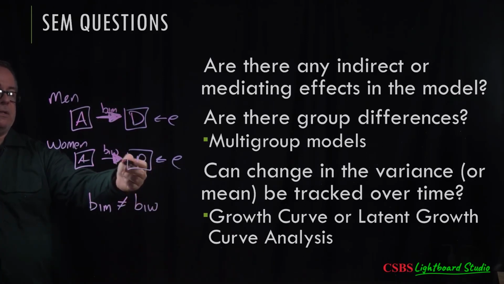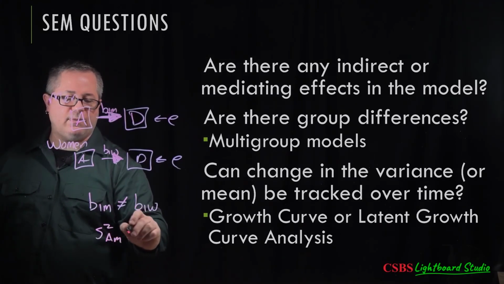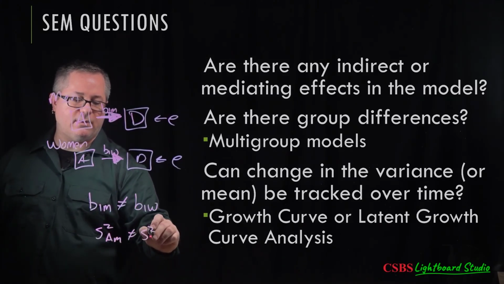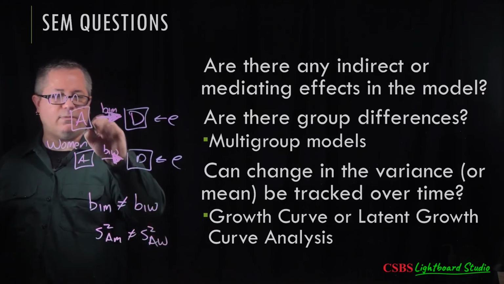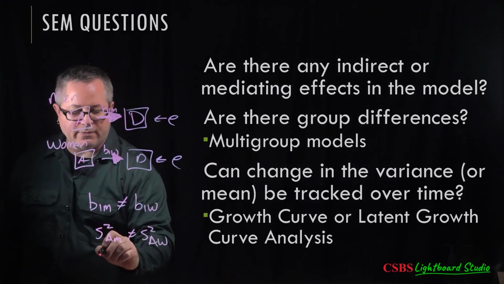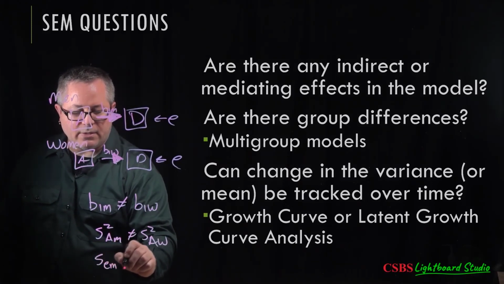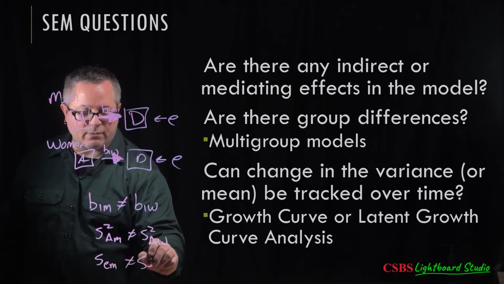I can also test to see if the variance of anxiety for men is not equal to the variance of anxiety for women. I can also see if the error variance for men is different than the error variance for women.